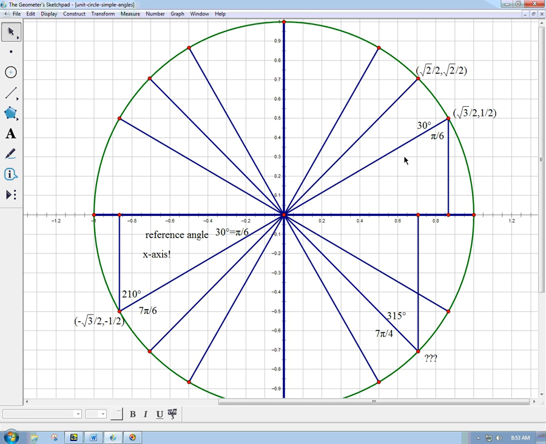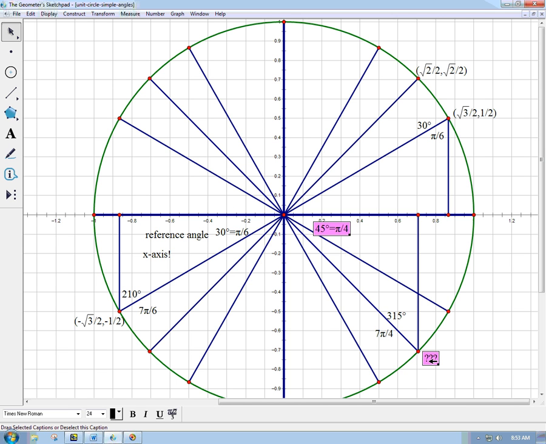So here's the claim. It turns out one of the things we know that we figured out already is that the 45 degree position in the first quadrant has coordinates root 2 over 2, root 2 over 2. Because this reference angle here is 45 degrees, or pi over 4, the shortest angle to the x-axis is pi over 4.